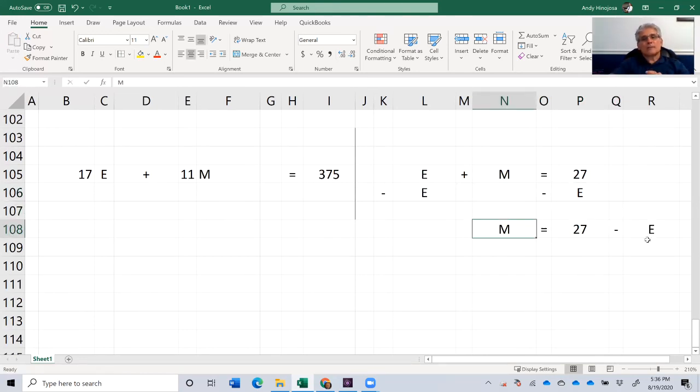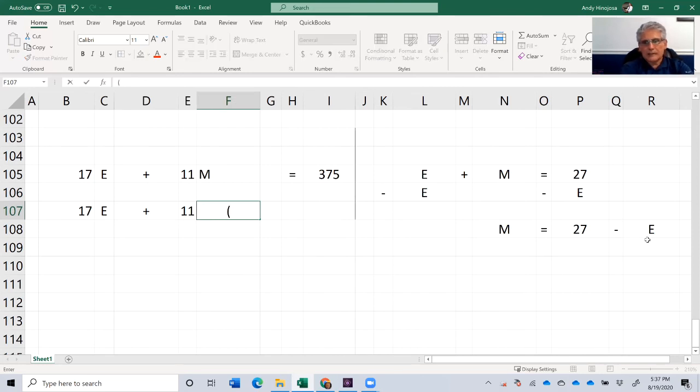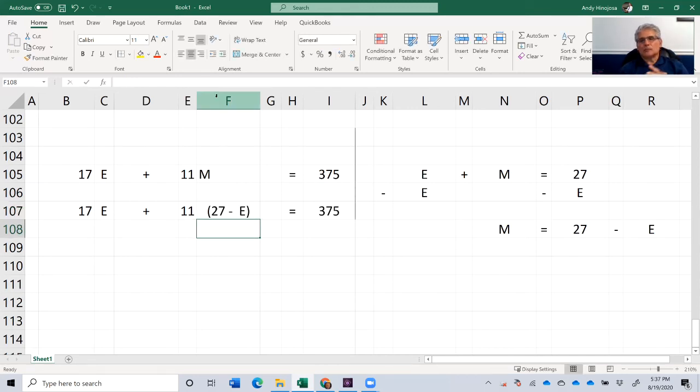We found a way to substitute the M using the variable E. How does that work? Well, we'll keep the E here. So 17E remains plus 11 multiplied by 27 minus E, which will be equal to 375.